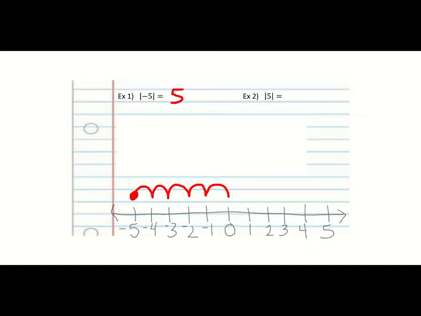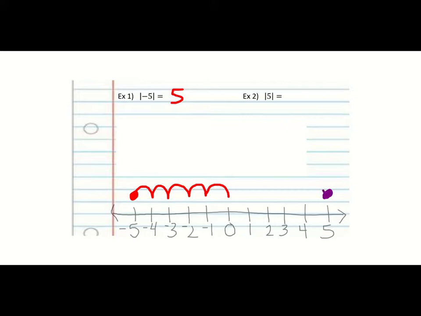Now, the second example says the absolute value of +5. When I find the absolute value of +5, I do the same thing: picture my number line, and start at +5, so I'm going to draw a dot at +5, and I want to count how far away I am from 0.